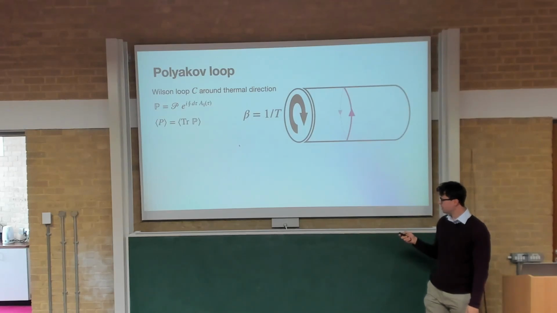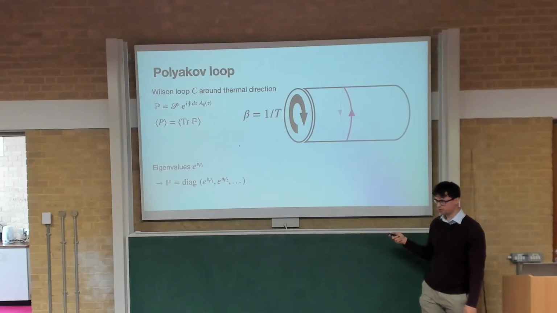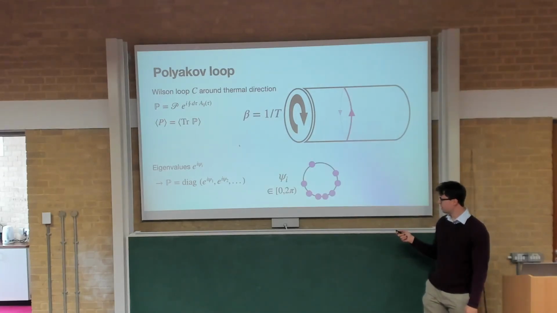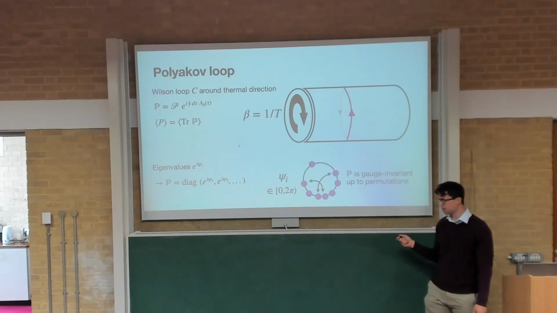But we will be less concerned with the value of the traced holonomy, and we'll focus on the holonomy itself, because it contains a lot more information about the theory. If we decide to focus on the eigenvalues of this holonomy, then that sets up a standard gauge choice, which means that the eigenvalues are a gauge invariant representation of the state up to permutation of the eigenvalues.